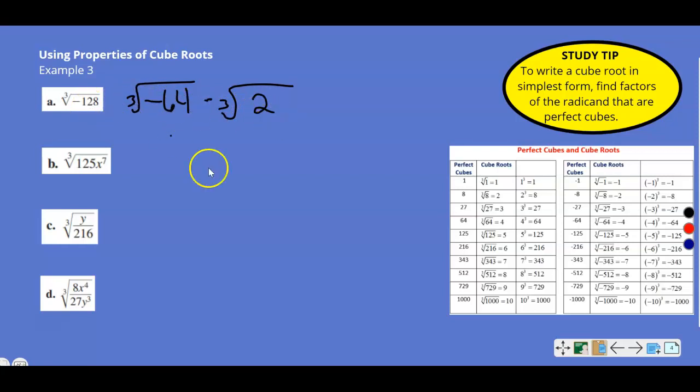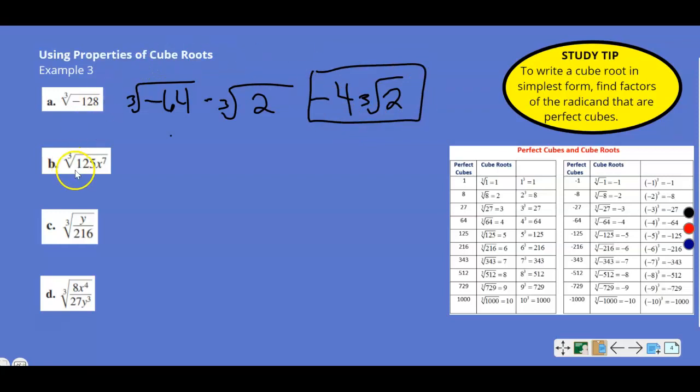I'm just rewriting this so that I can simplify it. From this chart, the cube root of negative 64 is negative 4. So negative 4 times the cube root of 2. There's no perfect cube in 2, so you just leave it as the cube root of 2. This is as simple as it will go.